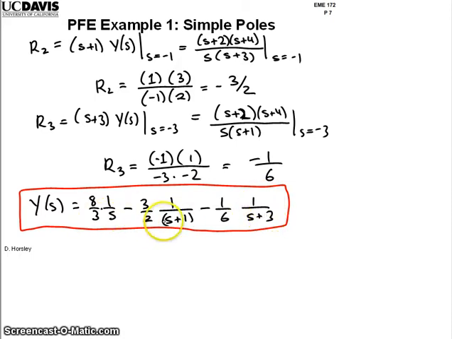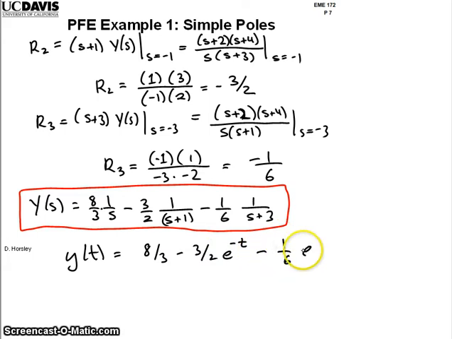Each of these is multiplied by the unit step, so I write y of t equals 8 thirds minus 3 halves e to the minus t minus 1/6 e to the minus 3t, and the whole thing is multiplied by the unit step, u of t. So this is the final solution I was looking for.